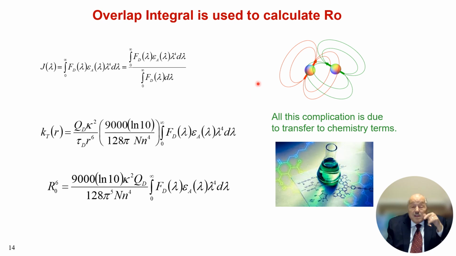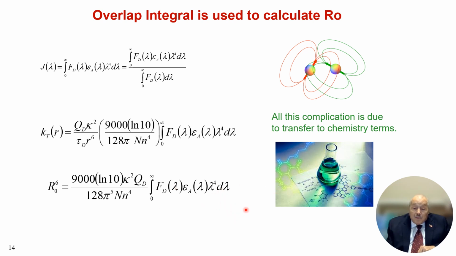So the reason you need the overlap integral is because you need it to calculate R0. This horrendous looking equation calculates the Förster distance to the 6th power, because everything's to the 6th power. That's because there's a donor with a 10 to the 3rd power and an acceptor with a 10 to the 3rd power in terms of distance dependence.